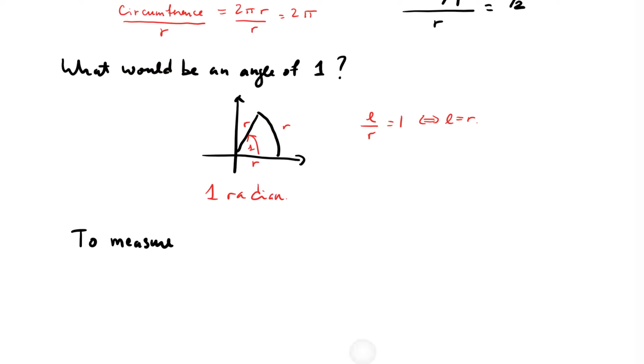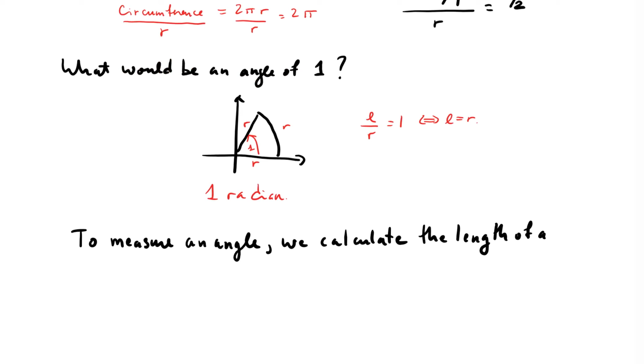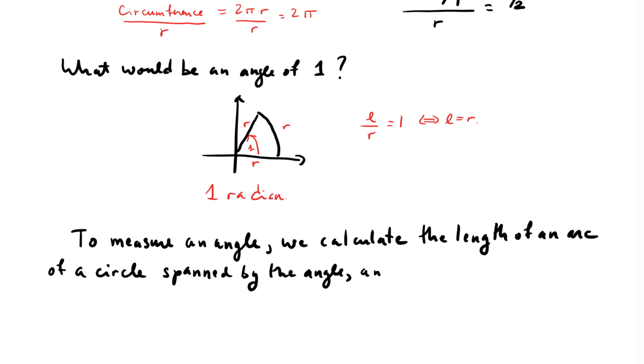To measure an angle, we calculate the length of an arc of a circle spanned by the angle, and divide it by r, or by the radius.